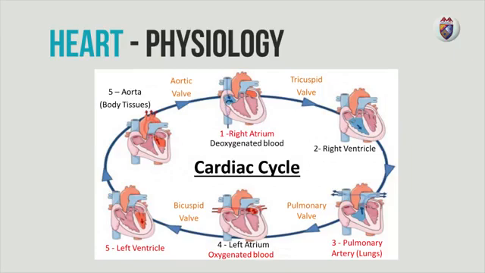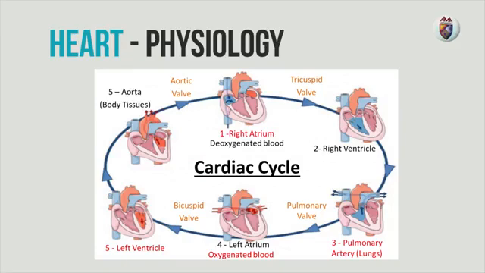The cardiac cycle begins when deoxygenated blood fills the right atrium. When the atrium has been filled, the tricuspid valve opens and sends this blood towards the right ventricle. As soon as the right ventricle is filling with blood, the tricuspid valve closes to prevent backflow of blood between the two chambers of the heart.